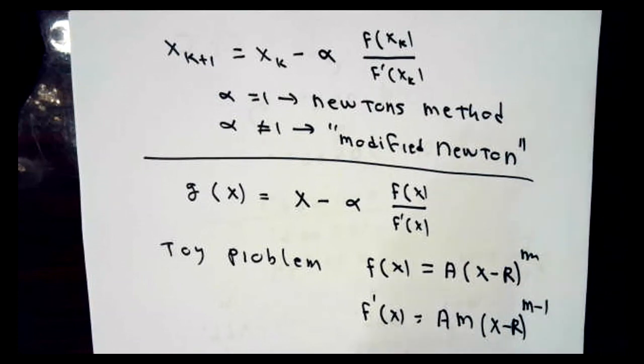The derivative of that is f' = a m (x - r)^(m-1). We need to put this in to write out a formula for our g function.